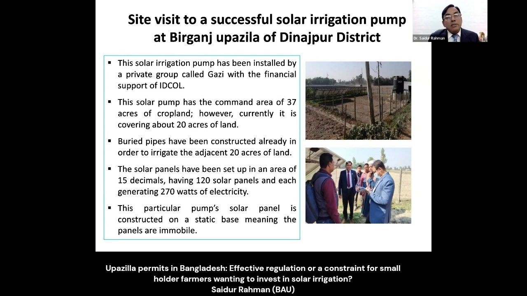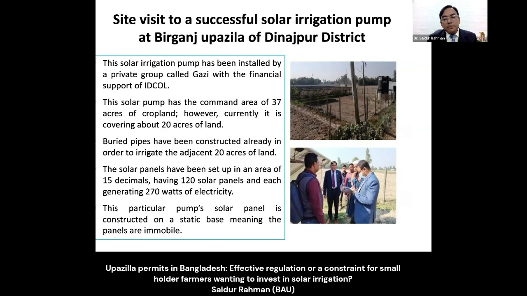As Sarwar Hossain already mentioned, a committee runs this solar irrigation system. They are doing very efficiently in that area, and they are giving some electricity to the grid through the net metering system. Next, please.